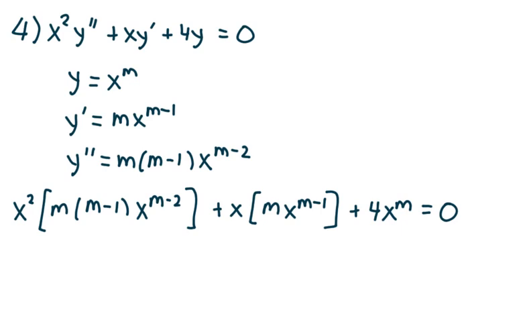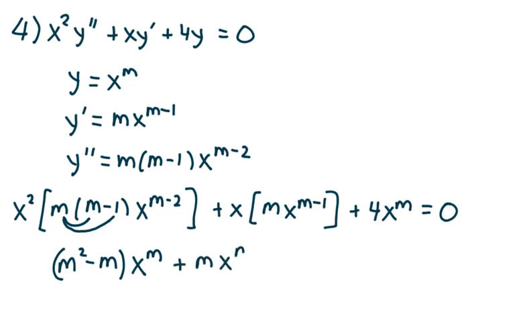Okay? Now, if I take m times m minus 1, I get m squared minus m. And that's going to be multiplied by x to the m, plus mx to the m, plus 4x to the m equals 0.